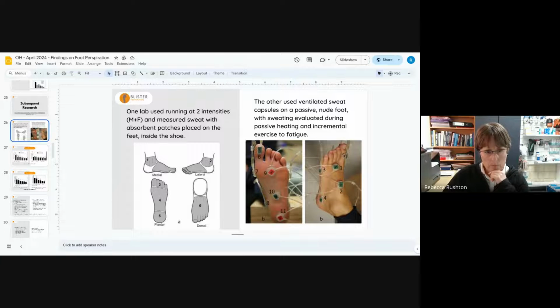The one on the left was absorbent patches, and they were running at different intensities, and the one on the right, there were 2 heating mechanisms. One was they were at rest and they wore what I assumed to be like a wetsuit, where they pump hot water into it to heat the skin. And then after that, they cycled. So that one-legged cycling thing again. The differences to note here: the one on the left had shoes on, and the one on the right was bare feet.